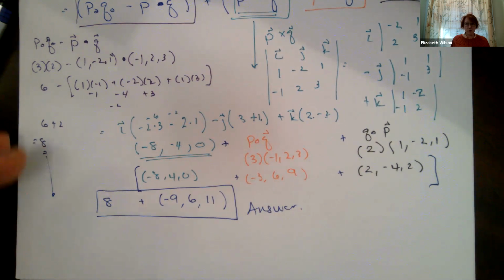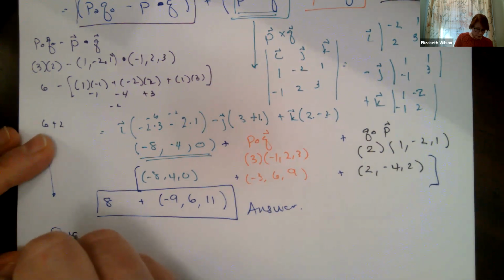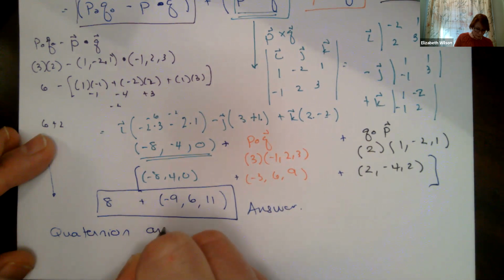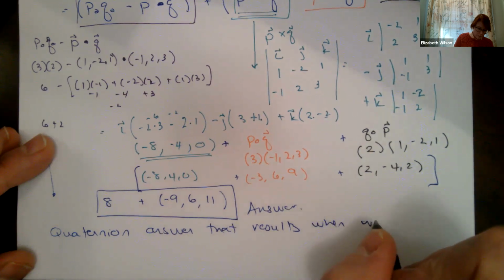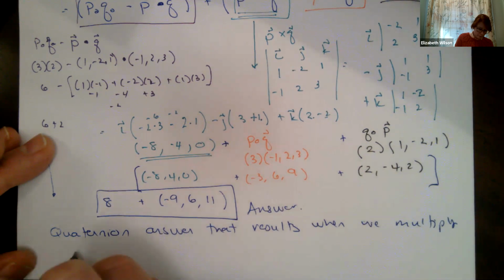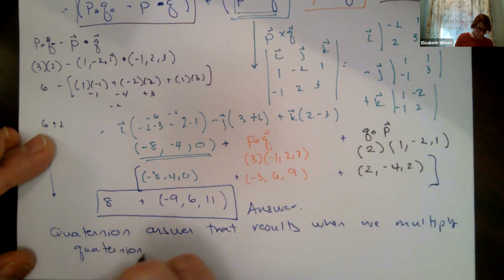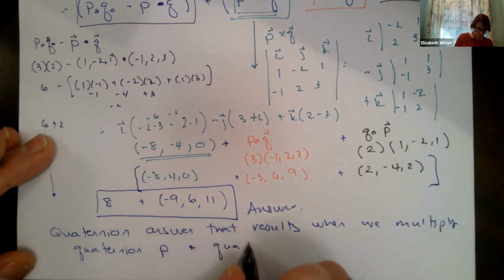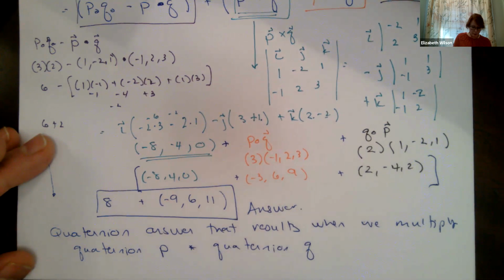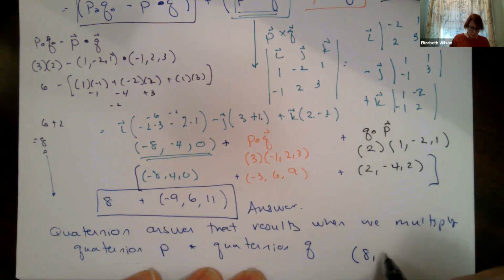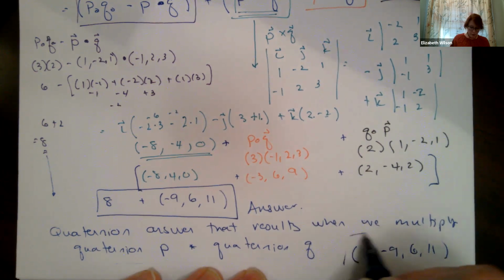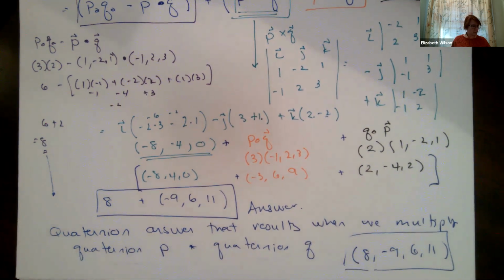This is the quaternion that results when I multiply the quaternion P times the quaternion Q. So I multiply them together, and I get a quaternion as an answer: 8 plus minus 9, 6, 11, which I can also write as 8 minus 9, 6, 11. Remember, our quaternion has 4 elements to it.